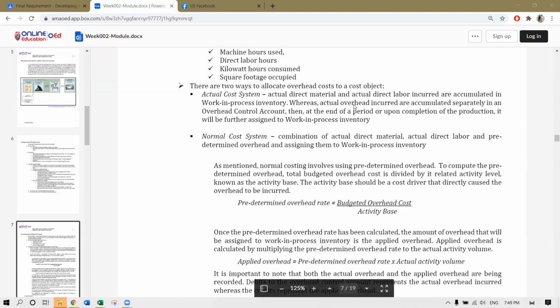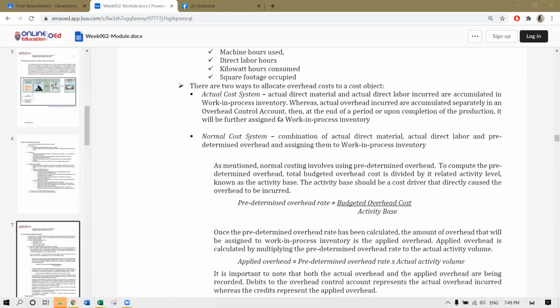So, whereas actual overhead incurred are accumulated separately in an overhead control account. So, we have what we call the overhead control account, where we are recording nga tanan nga overhead cost nga na incur, like an ilaw, like an ano pa ba, indirect material, indirect labor, which is part of overhead.